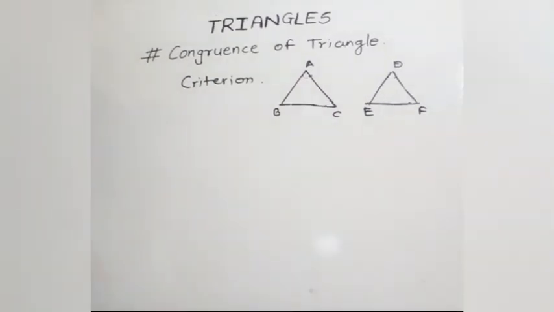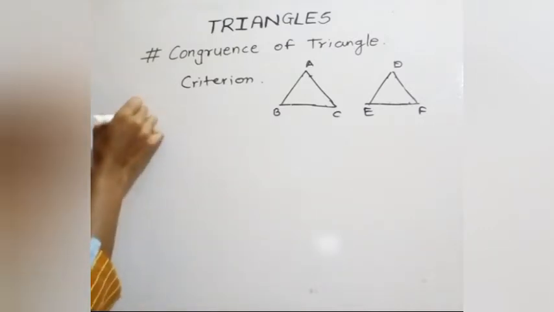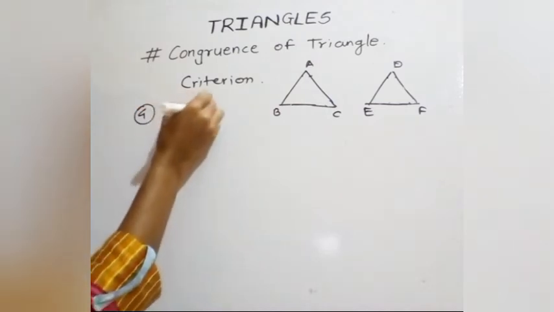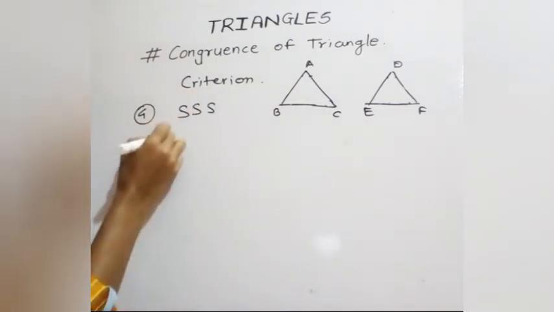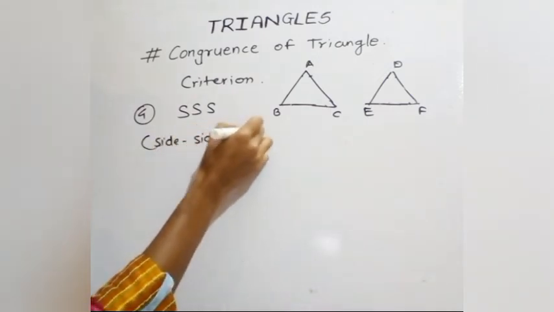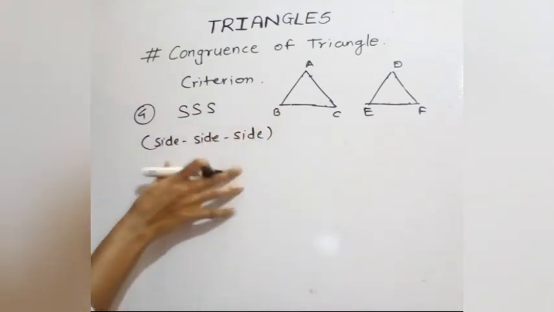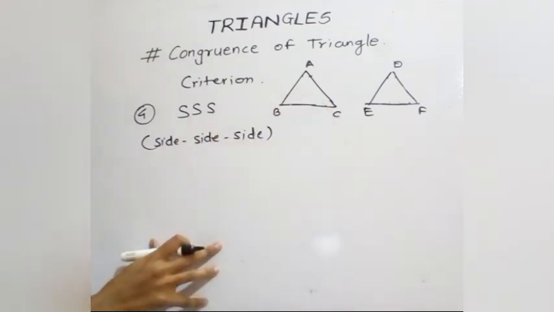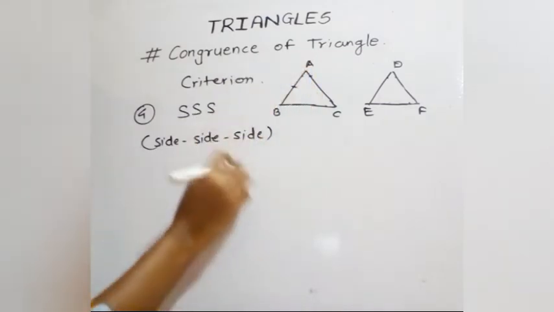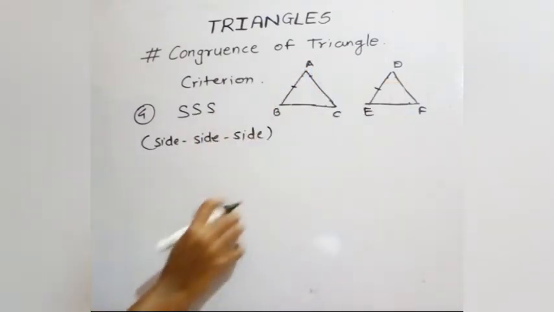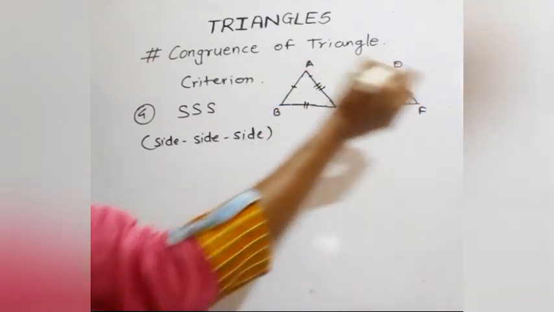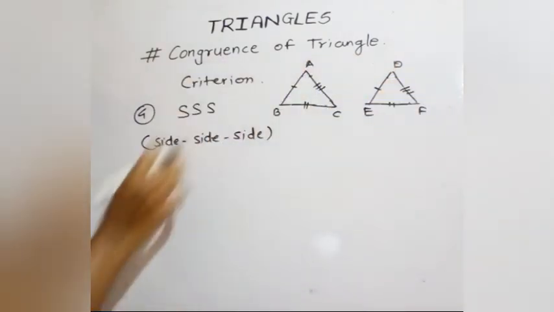Now let's understand the fourth criteria for congruence of triangle. So fourth criteria is SSS. SSS stands for side, side and side. If three sides of triangle are equal, in that case we can say both these triangles are congruent. For example, AB is equal to DE, BC is equal to EF, and AC is equal to DF.